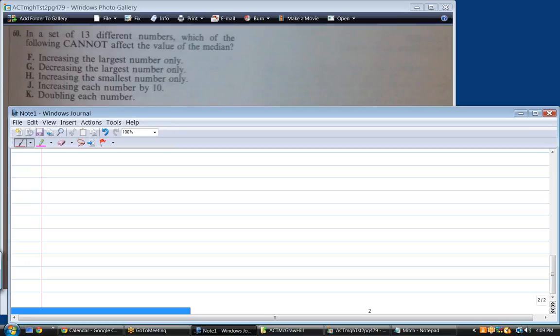What does median mean? The middle number. Okay. They're all 9. Okay, so let's go through each of these cases and see if we can figure it out.